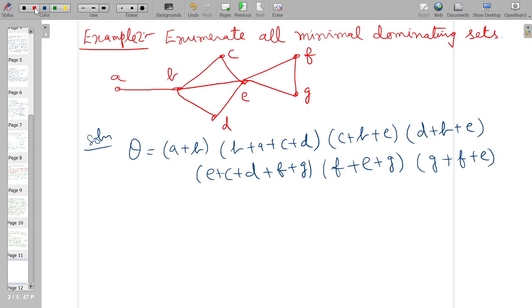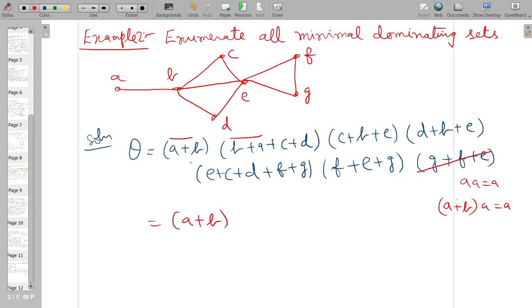Okay, and now when I use this A into A is equal to A, I can omit this G plus F plus E. And similarly, when I use this condition, okay, what is that? A plus B into A is equal to A. Okay, so here I have A plus B. Here when I take this A plus B and combine these two, this would be A plus B, because C plus D can be some other variable.